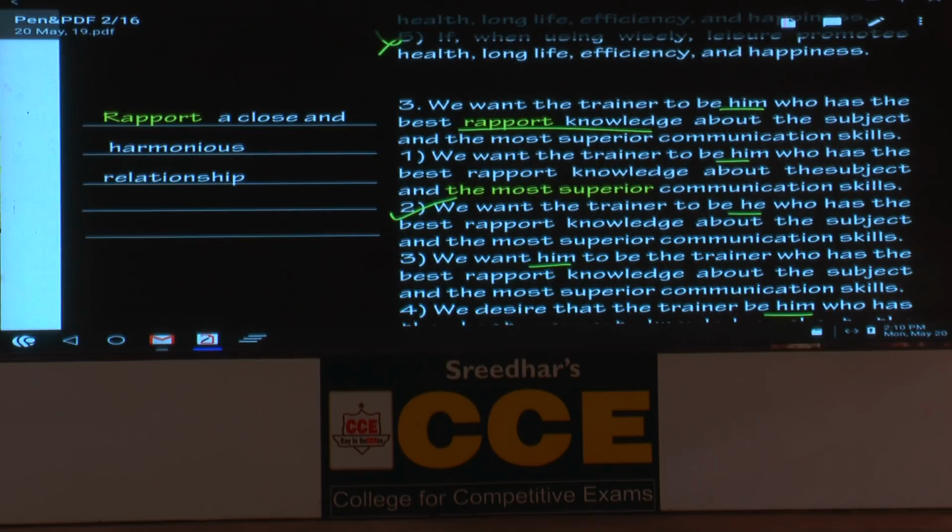T is silent. Rapport means what? A close and harmonious relationship, no conflict whatsoever, a perfect understanding. If you have a perfect understanding with someone, you say, I have a rapport with that person. I have a good rapport with the manager at the workplace. Have you written?